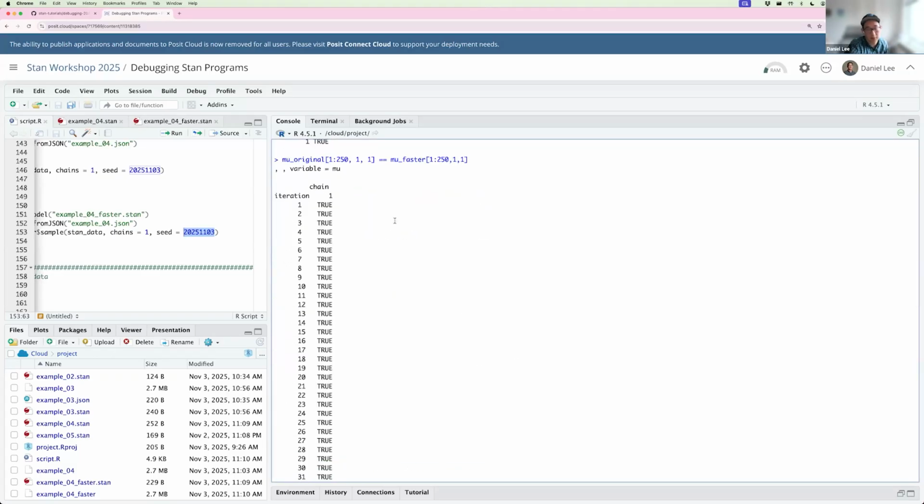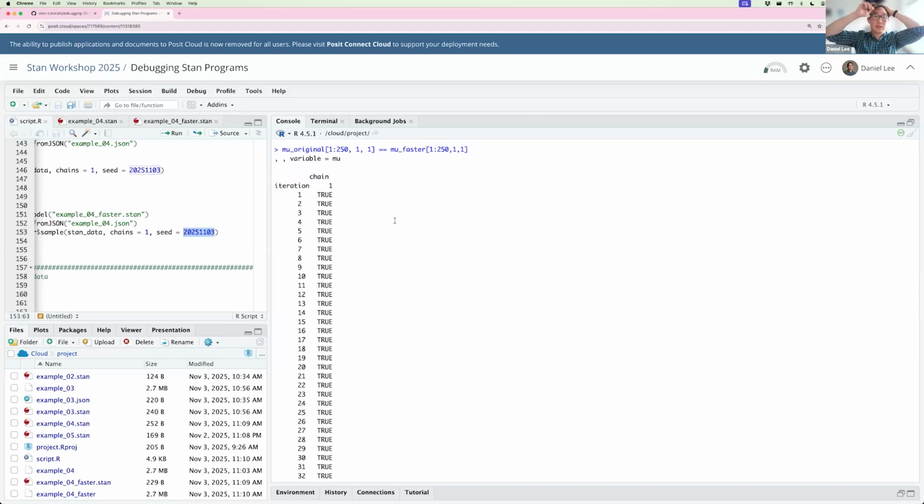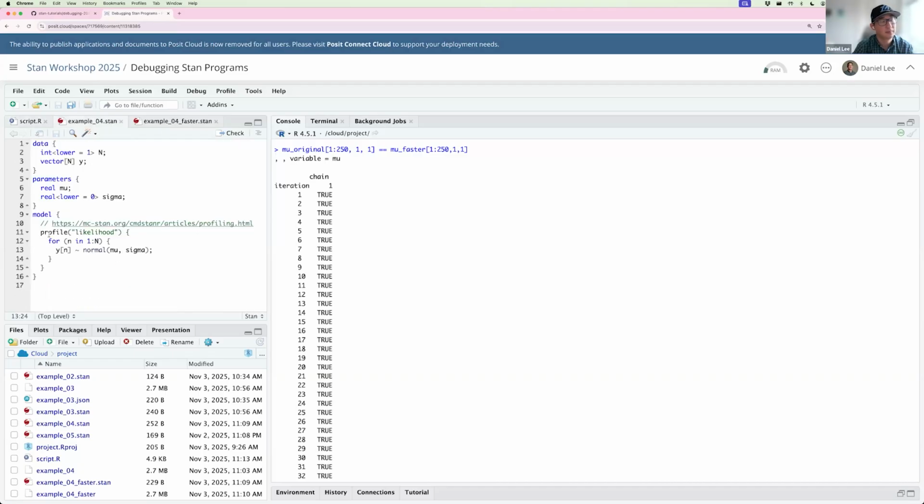What I'm trying to show here is that I've got my original program and it's looping through this log probability density function. This is equivalent to target plus equals normal_lpdf of y_n given mu, sigma. There's a single mu, a single sigma.